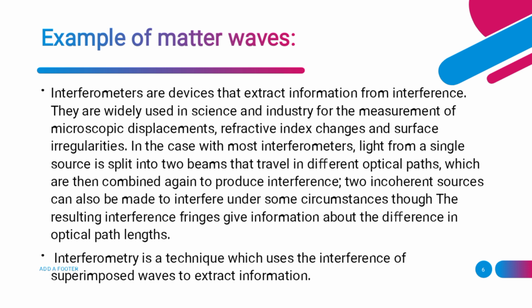They are widely used in science and industry for the measurement of microscopic displacements, refractive index changes and surface irregularities. An interferometer is a technique which uses the interference of superimposed waves to extract information. It is an example of matter waves.